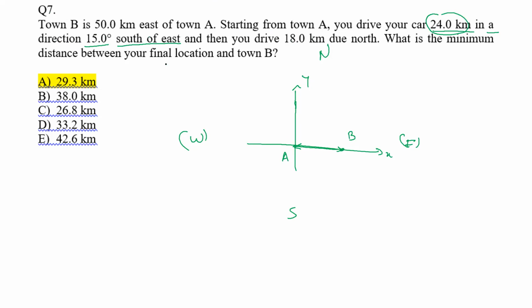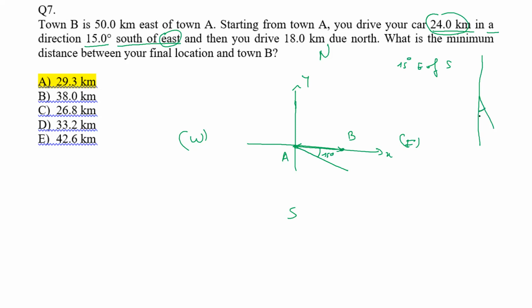First, I have to look at the east. Okay, this is east. South of east is what I gave you. This is 15 degrees, and this is different from 15 degrees east of south. If I say east of south, this is south, and you do 15 degrees, this is the angle.